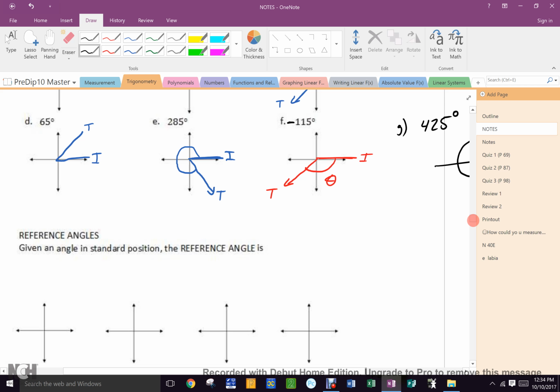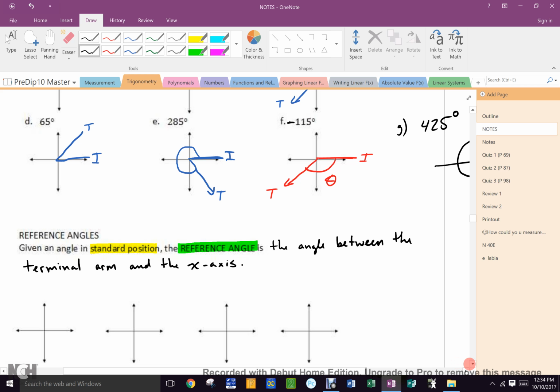Okay. Given an angle in standard position that you all just told me you understood, right? The reference angle is the angle between the terminal arm and the x-axis.